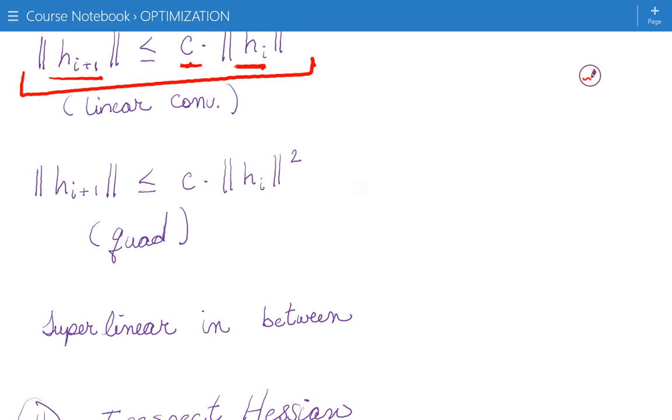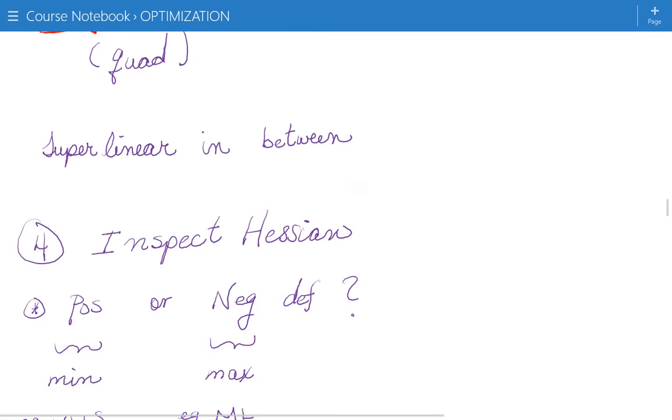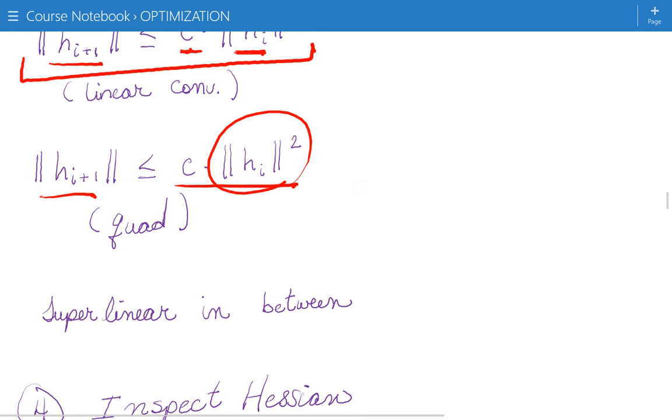Quadratic means that the next step is a function of the squared distance. And so it is converging faster. Superlinear, again, is in between. And when we start using Stata with some results, I will show you how that actually looks in the Stata output.